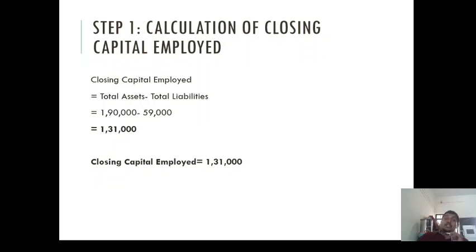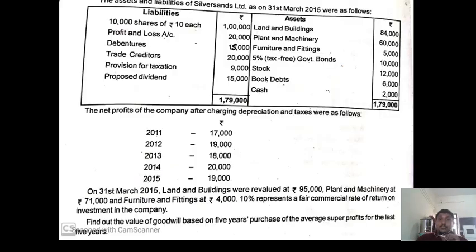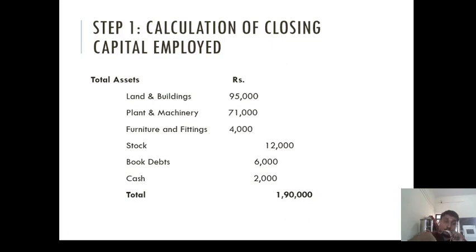I want to repeat the steps once. We have taken all the assets except investment. Please remember here the non-trading item given in the problem, 5% tax-free government bonds of 10,000, that is the investment. We did not consider it in total assets, because it is a non-trading investment.